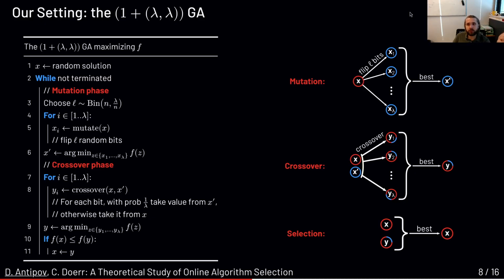So we create λ offspring independently, and in each offspring we flip ℓ bits. The best offspring is chosen as the mutation winner x', and then we perform crossover and create another λ individuals, each by taking each bit from x' with probability 1/λ, otherwise from x. The best offspring is chosen as the crossover winner y, and if this crossover winner y is not worse than its parent x, then it replaces its parent.